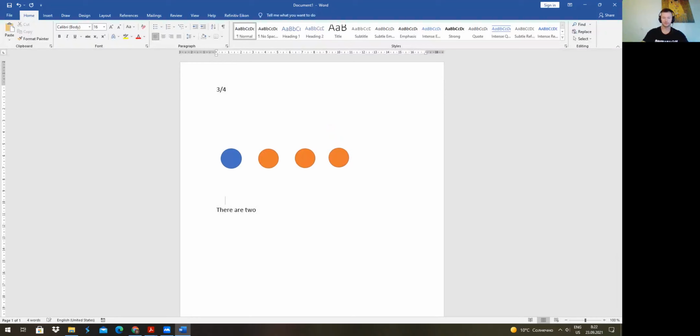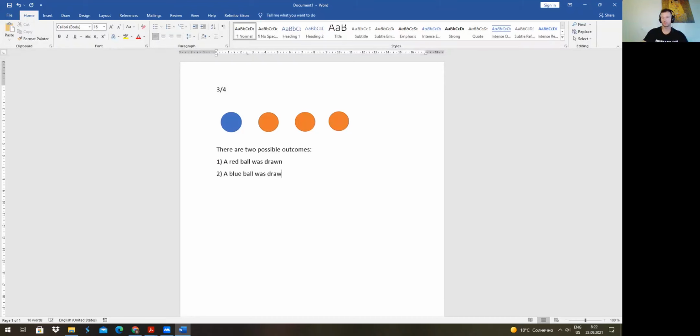There are two possible outcomes. So a red ball was drawn, this one, and the second, a blue ball was drawn. Right? So on the first step, we have two possibilities.